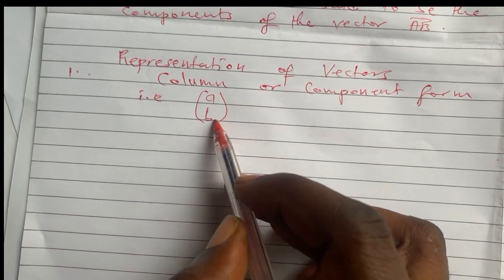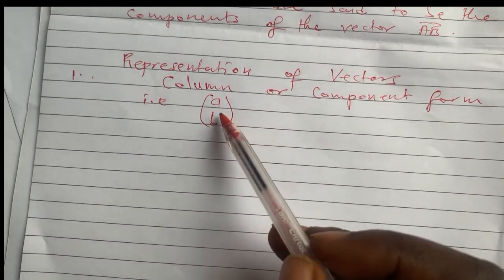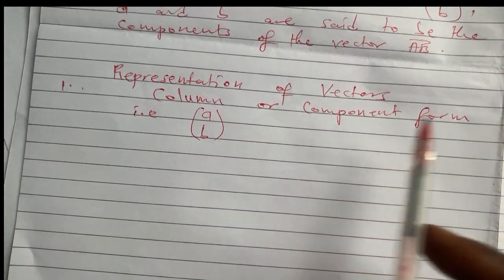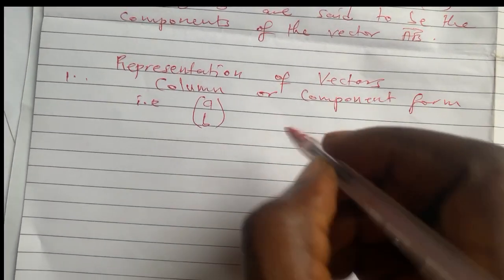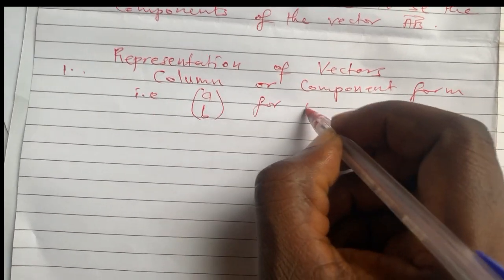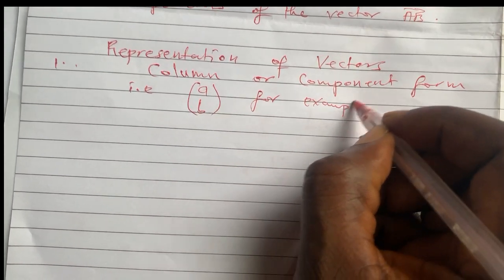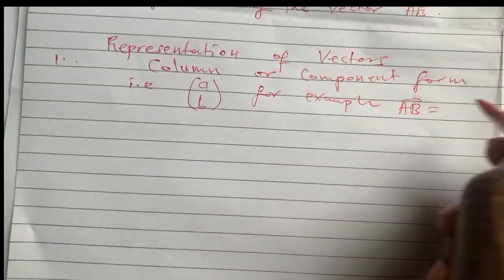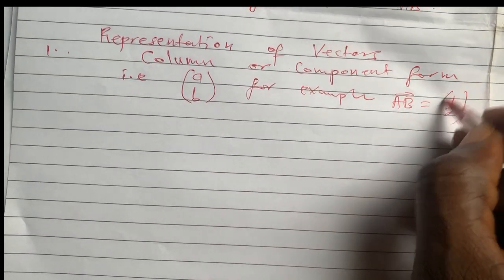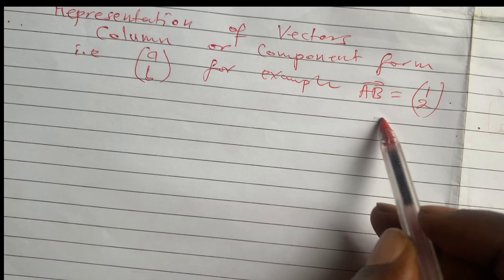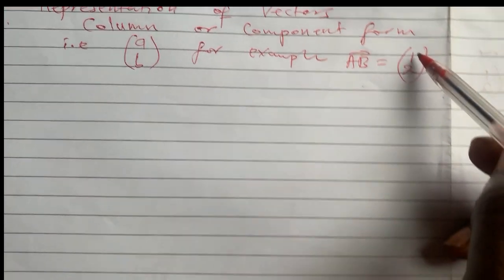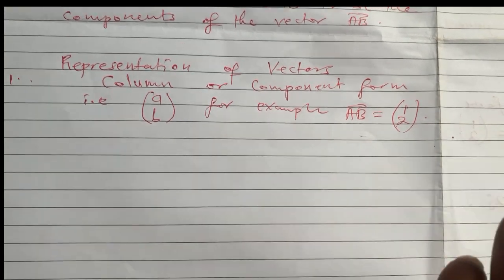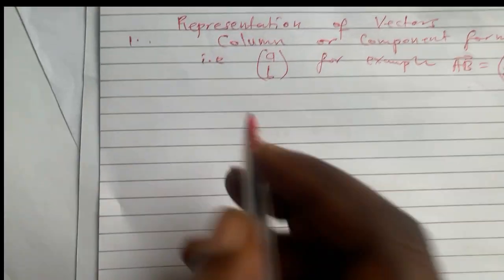Whenever you see a vector in this format, it means that vector is in component form or column form. For example, we have AB equal to (1, 2). This vector AB with the components 1, 2 is in column or component form.